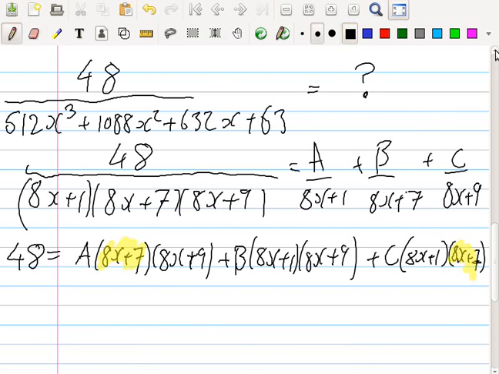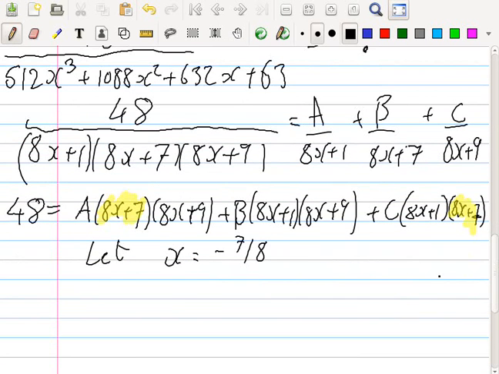So maybe if I stick to yellow for the same color. Can you see that? Okay, if I said let x equal minus 7 over 8, what would happen to those 2 yellow terms?